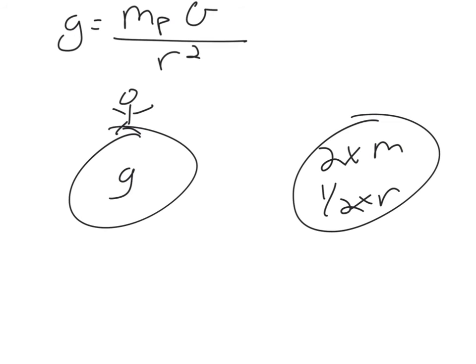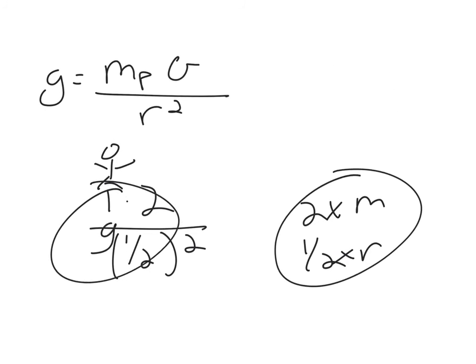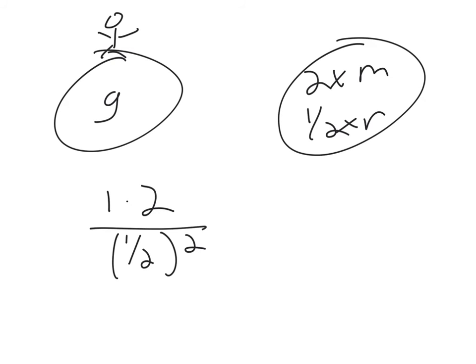So we can do all of this the exact same way as we did before. The lowercase g is capital G, which didn't change. The mass of the planet is 2 times as big, and the radius is 1/2, and again, that gets squared. Let me just make sure I squared that, yeah. So then I've got 2 over 1/4, which is the same as 8.